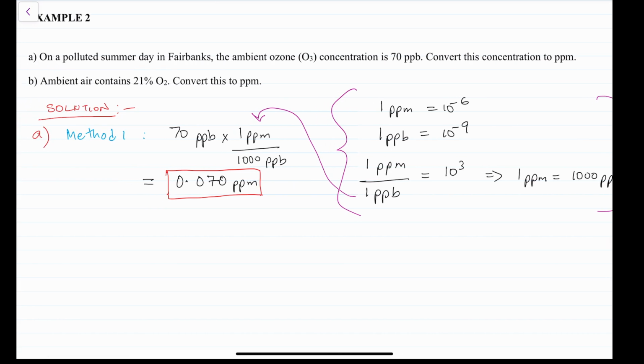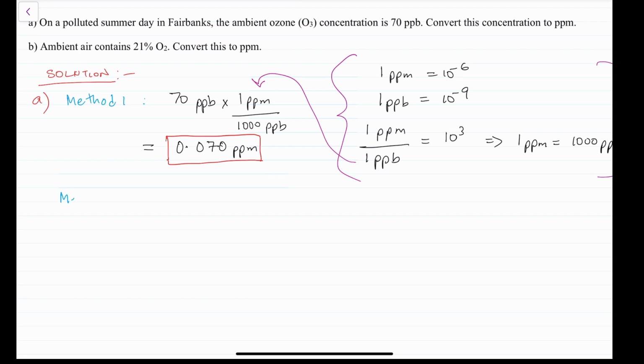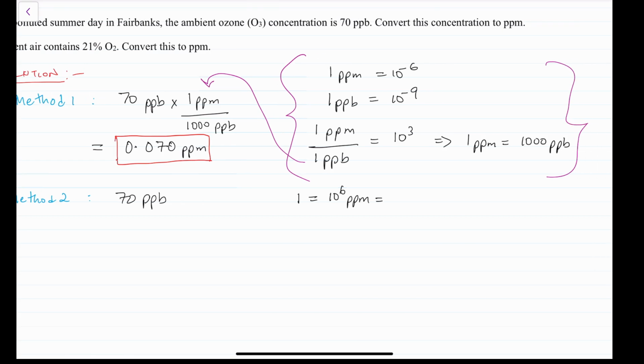Okay, now let's do another method. It's just a way of looking at it. So we have again 70 ppb, and now let's consider that, say, 10 to the power 6 ppm is actually 1 and a value of 1, and that's 10 to the power 9 ppb is also a value of 1, and just in that line of thought, 100% is also considered 1.